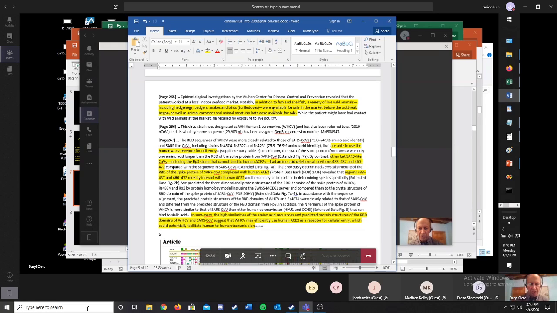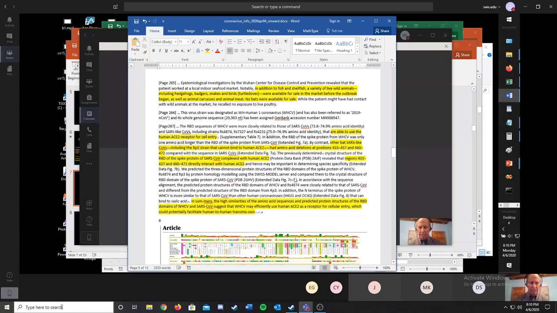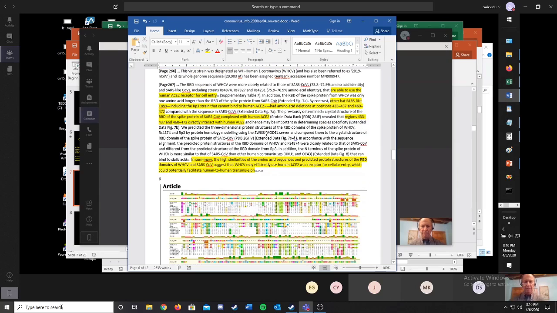So anyway, this person who was working at this market got sick, and he had some really weird symptoms, and then they found out he had a different kind of virus. And this particular virus is able to use the human ACE2 receptor to get into the cell, and the human ACE2 receptor happens to be the one that high blood pressure medications target to reduce blood pressure.